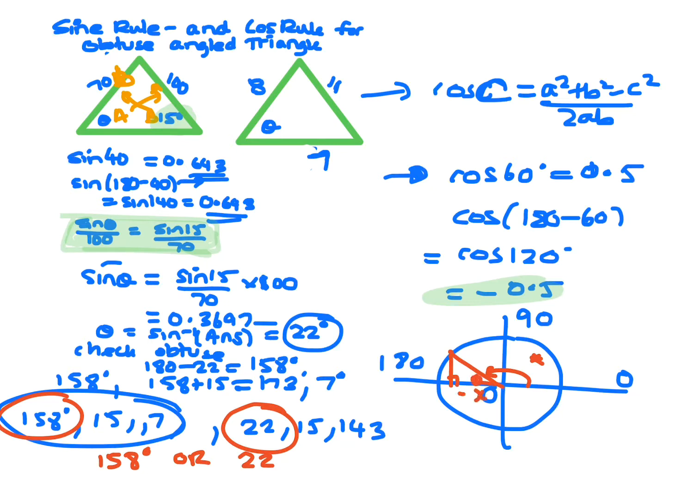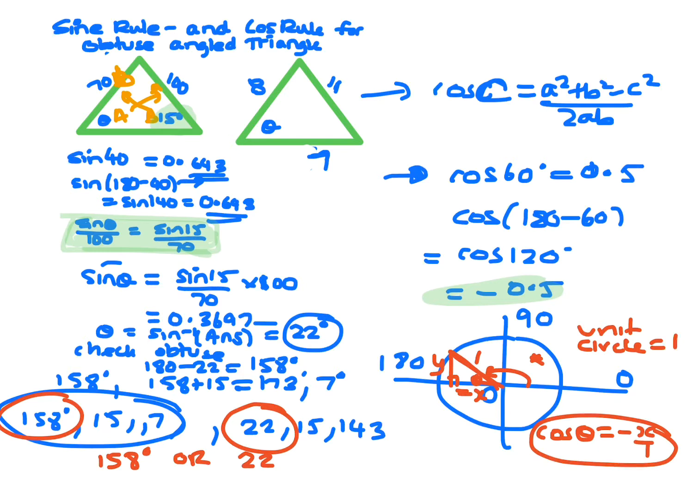The x value is negative and the y value in the number plane would be positive. So when you do cos of the angle, you get minus x, and the hypotenuse, we call it the unit circle because it's got radius 1, is positive. So the cos in that quadrant for an obtuse angle will be negative, and that's where you get this negative.